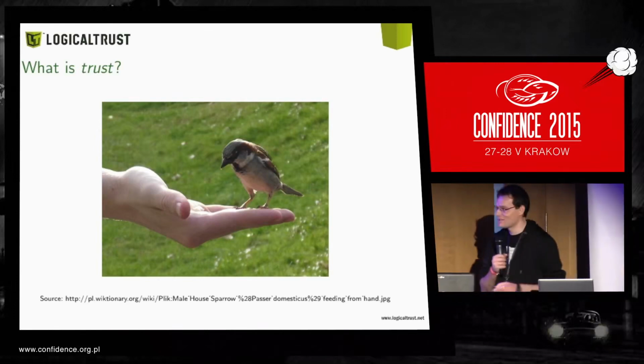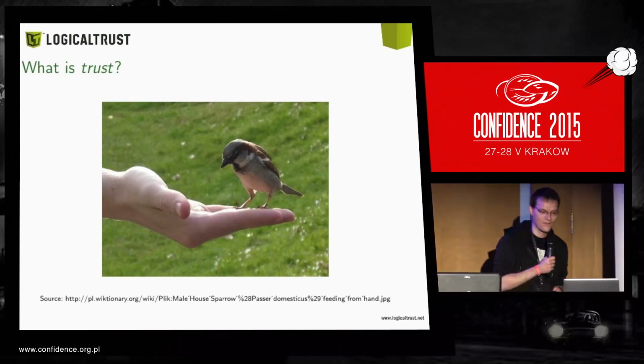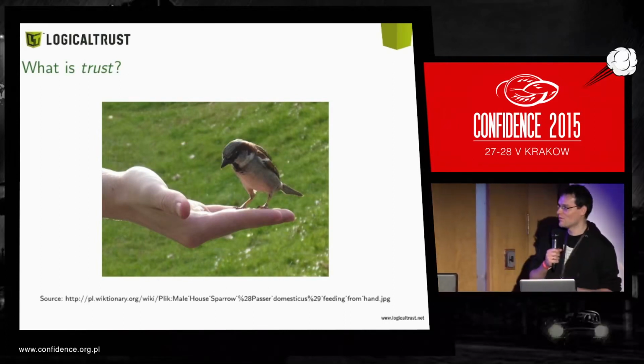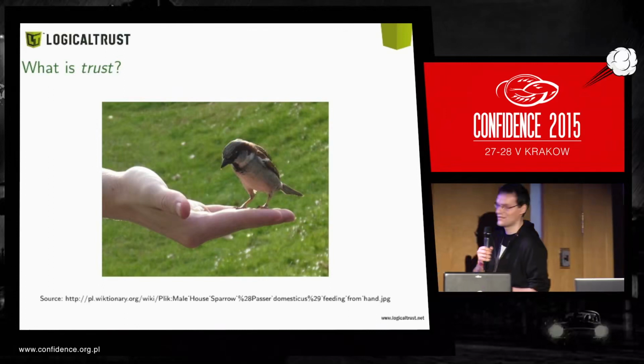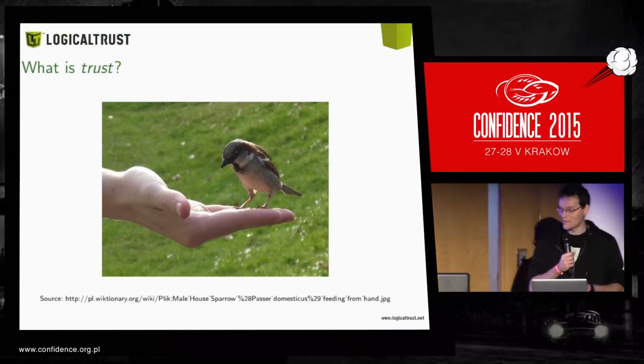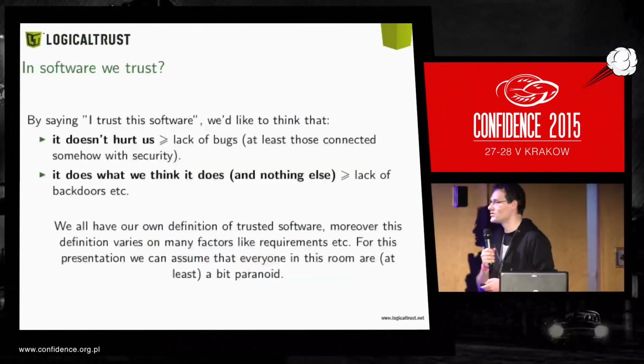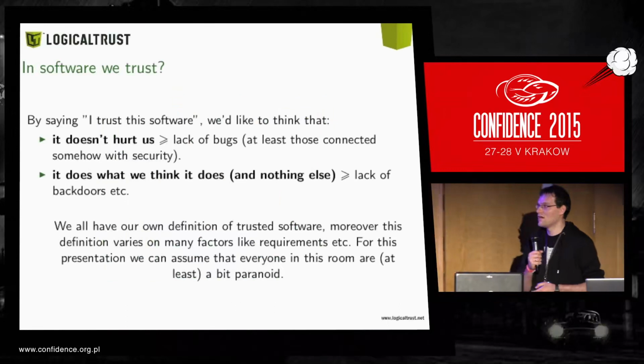Okay, I can tell you that in fact we are the bird, and if I pull the rabbit out of the hat, I can finish the talk here, but I promised you some bugs in OpenSSL, so the show must go on.